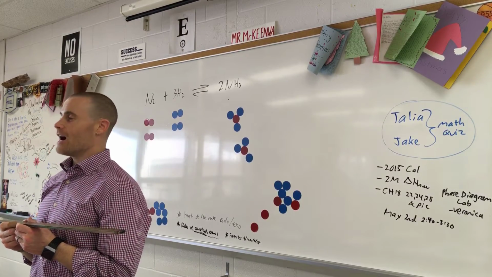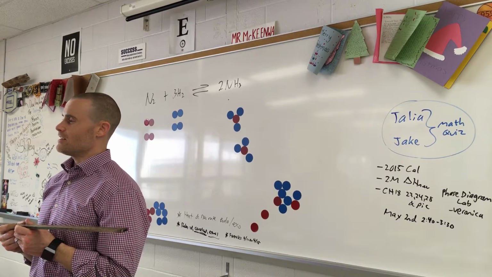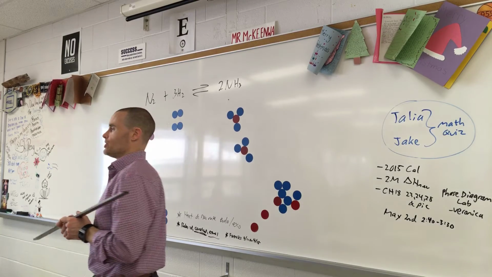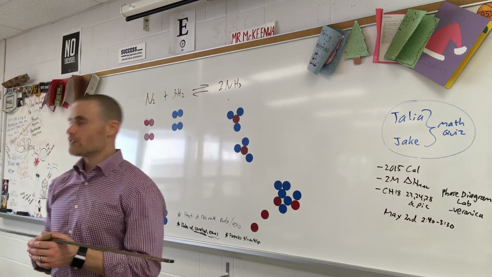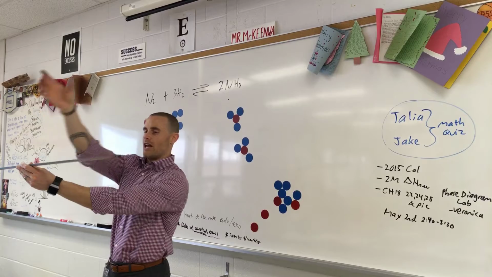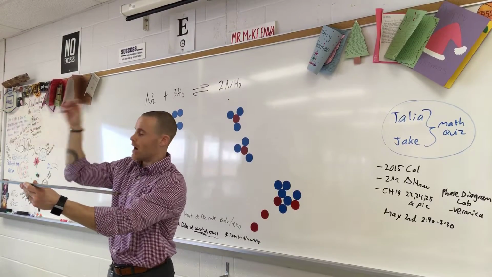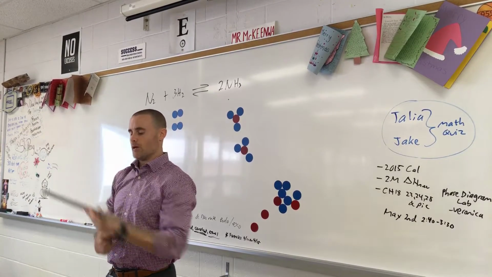Now, add I2. How are we doing? Is some of this making any kind of sense? Yeah. Good. So we add I2. Which way does it shift? What did you write as your answer? Good, shifts to the right. Eyes up here. Imagine H2 and I2 are sitting here and HI is sitting here. If I pile a whole bunch of I2, this side is going to be heavier, so we have to shift to the right to go back to being balanced.